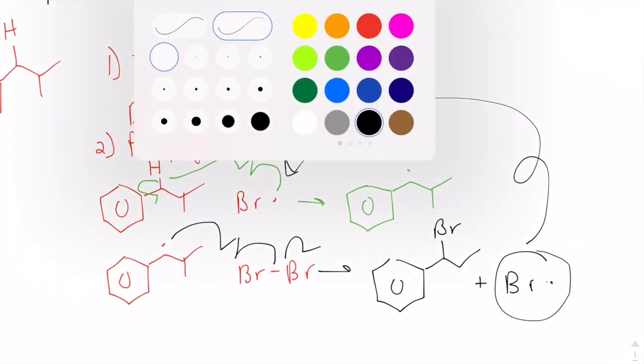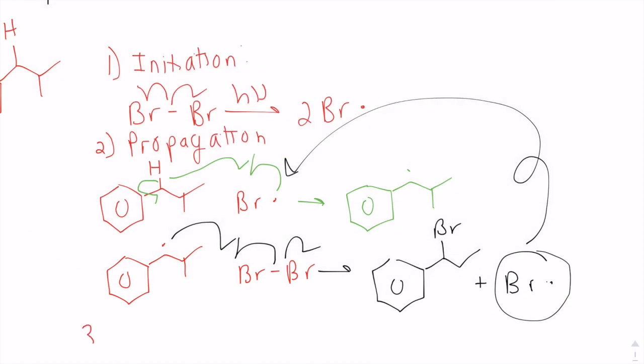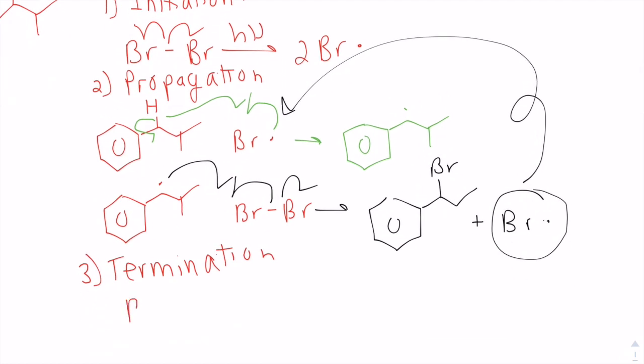And then finally we have termination. Termination is the last thing, and that's when our sources of radicals come together, preventing any more propagation from happening. You can draw a mixture of different termination events, but I'm just going to draw the most obvious.